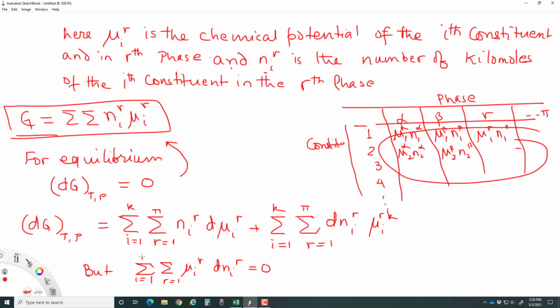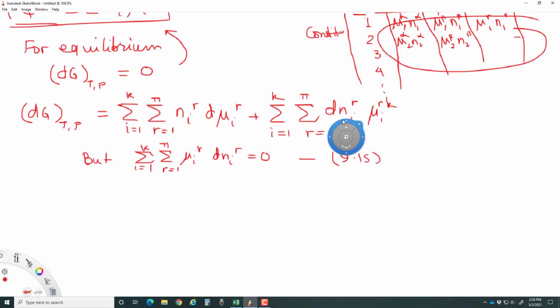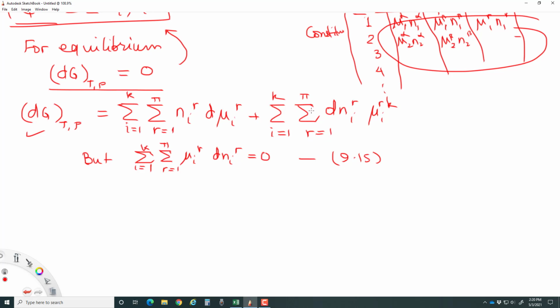Let me see where we got that. I will put the reference here. We got that in equation 9.15, so this is from equation 9.15 from the textbook. Now if that is true, then using that in this expression, because dG is 0 for equilibrium and this thing is 0, this must also be 0.